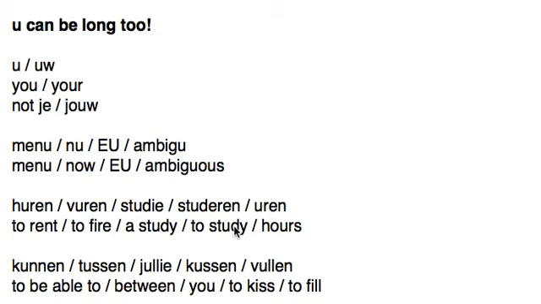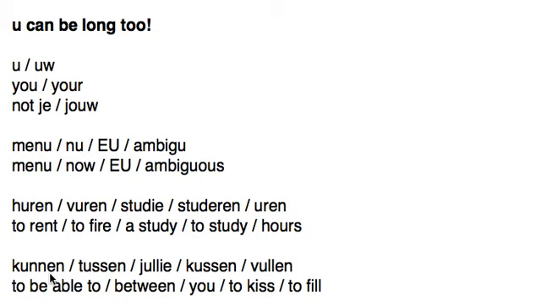Sometimes you will have the same consonants after the short U, as in kunnen, and these double consonants are just there to make sure that you pronounce the U as a short U. So one consonant and a vowel, long U, two consonants and a vowel, short U.